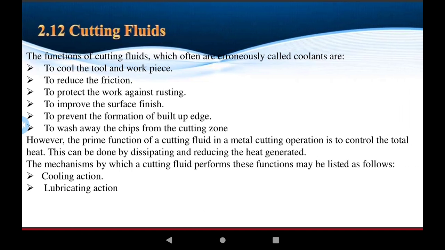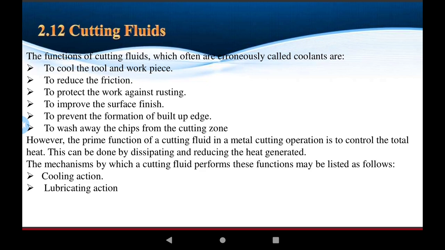Selection of cutting fluid in the cutting operation in the machine. The function of the cutting fluid, also called coolant, is cooling of the tool and workpiece.